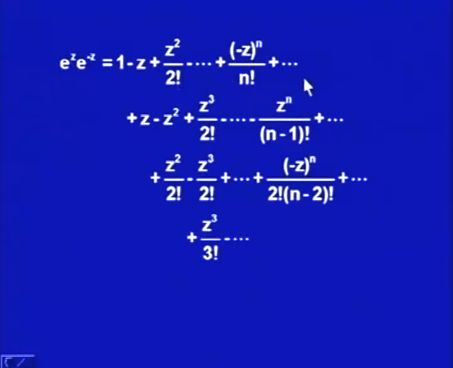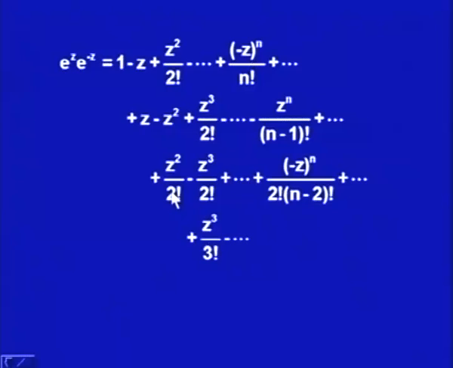Proceeding in this manner, this is the first term, then z is multiplied by the second series. So, we will have z minus z squared plus z cubed by factorial 2 and so on. Then z squared by factorial 2 is multiplied by this series, this is the next term, and so on. Now, you can notice that if we combine these two terms, it is 0. Combining the powers of z squared, this is z squared by factorial 2, this is z squared by factorial 2, so they will be simply z squared and this minus z squared.